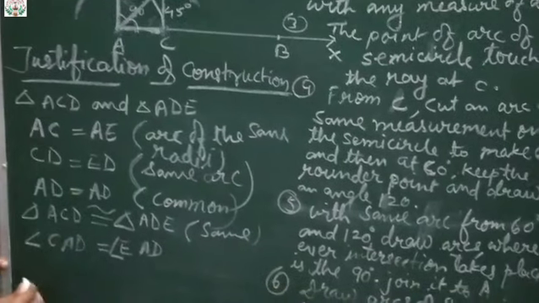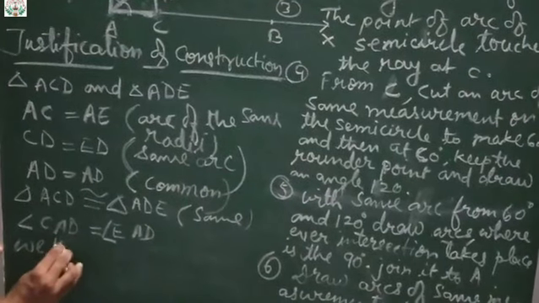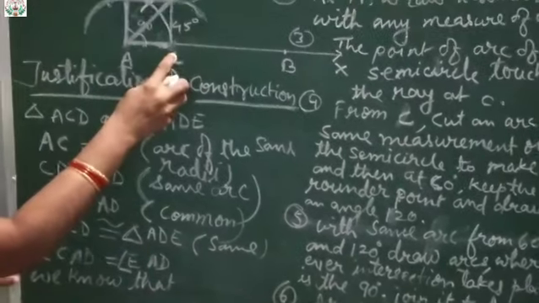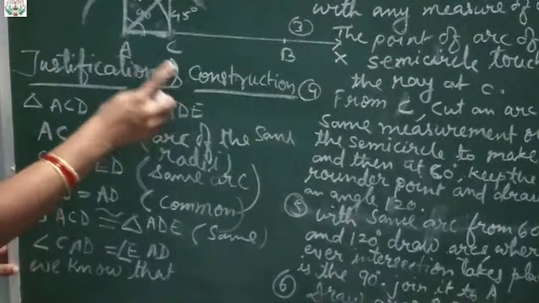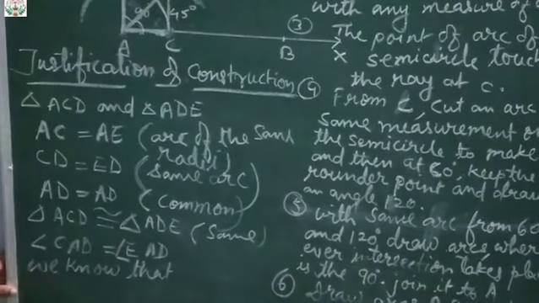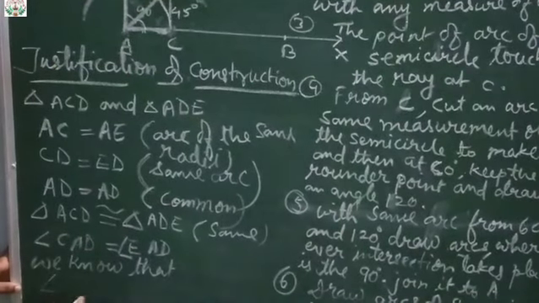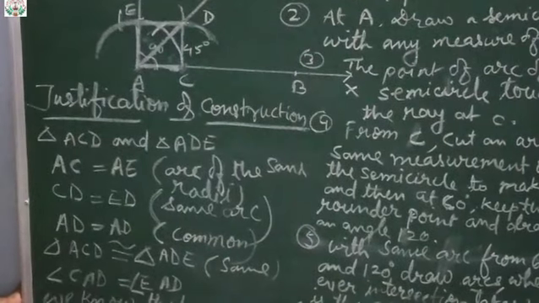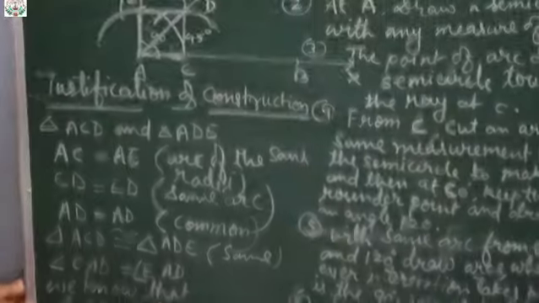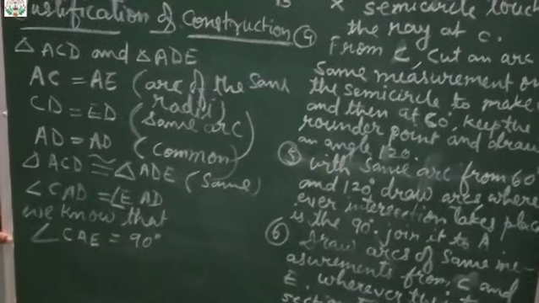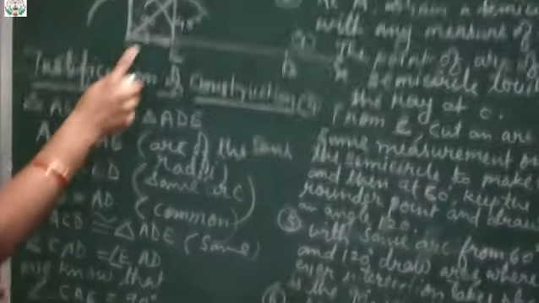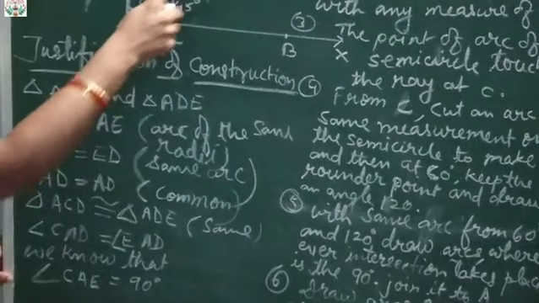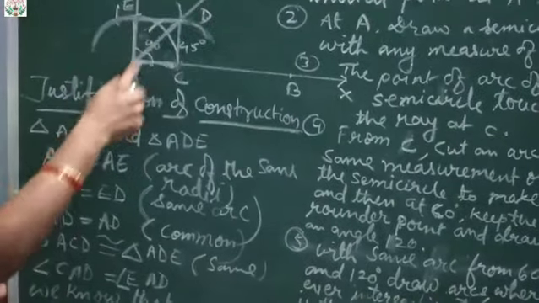And we know that, by construction we have done, angle CAE equals 90 degree. Now angle CAE is equal to angle CAD plus angle EAD.